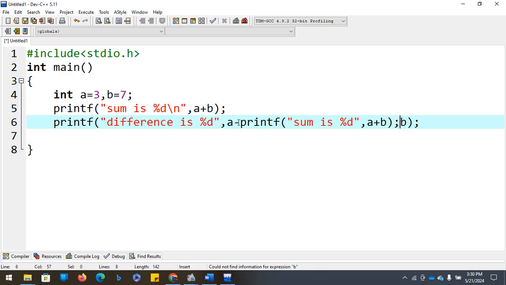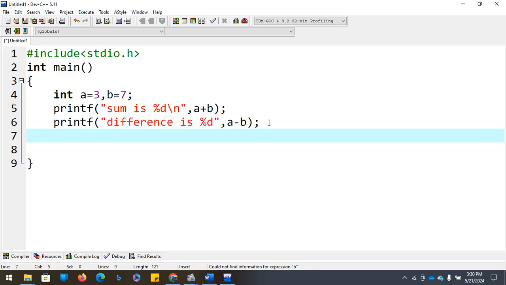Similarly, here product is. Here we have to put asterisk, that is for multiplication.